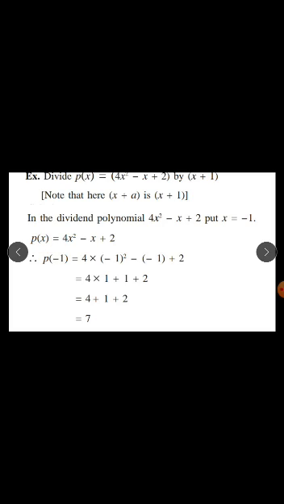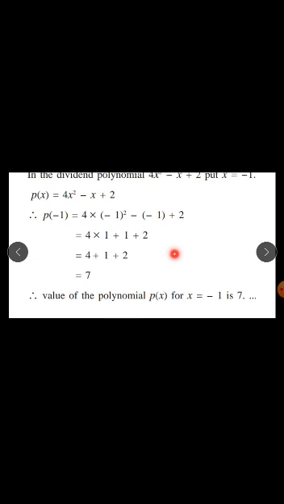So p of minus 1 equal to 4 into minus 1 square, minus of minus 1, plus 2. Now the square of a negative number is positive.